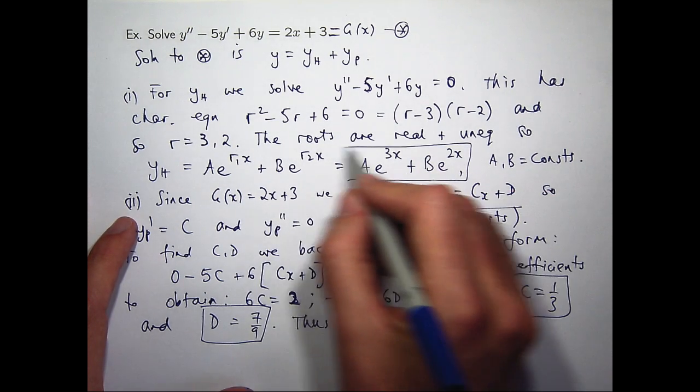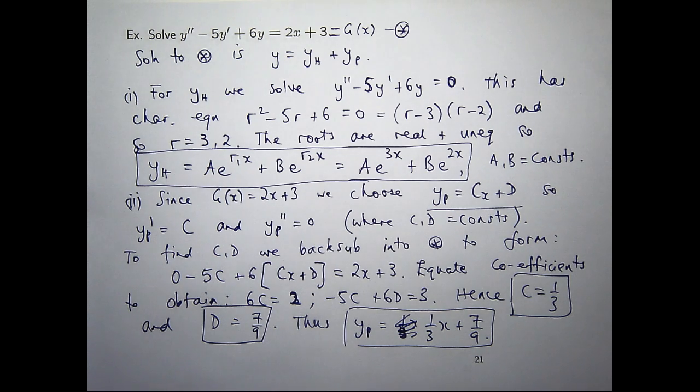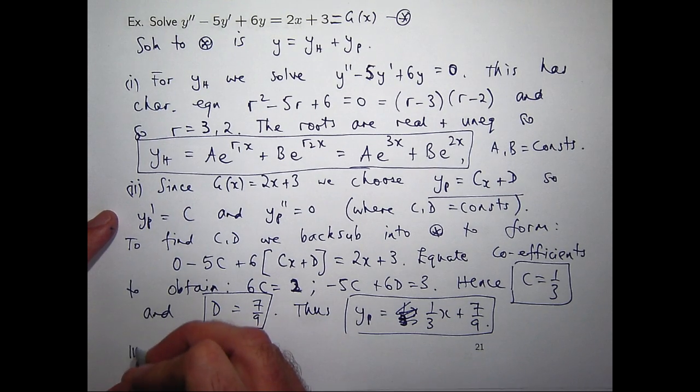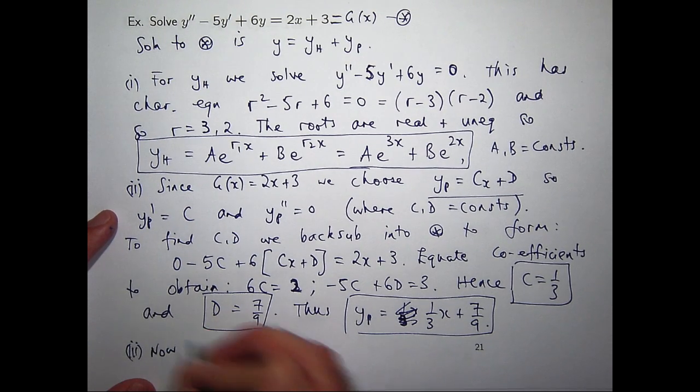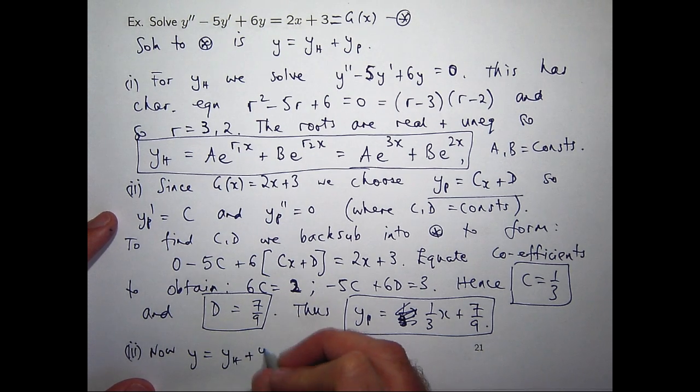There's my solution to the homogeneous problem. All we do is we take those two and we add them together to form the general solution to my original ODE star. So if you like, this is like a third step.